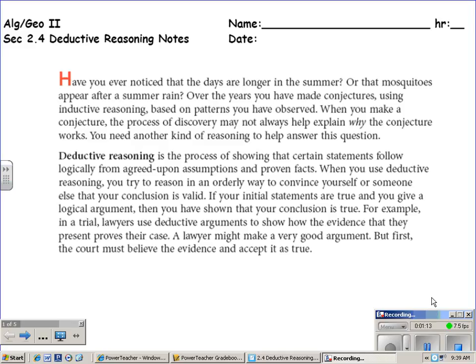All right, ladies and gentlemen, hopefully you've read through these two paragraphs. What I want you to do is write down in the boxes a definition for inductive reasoning, maybe some characteristics of inductive reasoning, and some characteristics of deductive reasoning. I'll give you about 30 seconds.